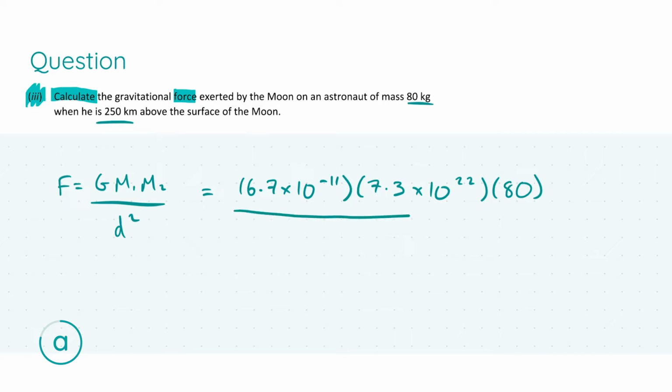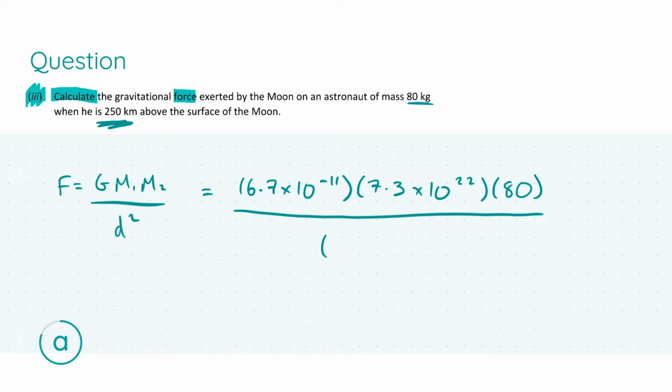Then you divide all of this by d squared, the distance between the two of them. This is the place where I would say most people would lose marks, because they would see 250 kilometers given in the question and go, all right, convert that to meters, maybe that would be our radius. But in actuality, it's a little bit more complicated than that.